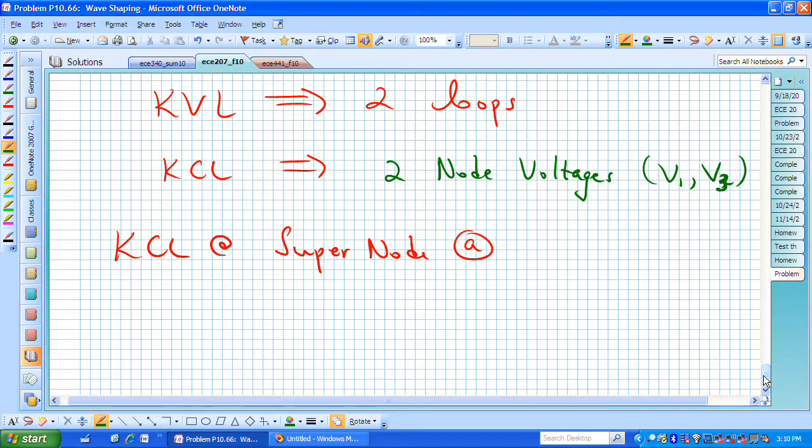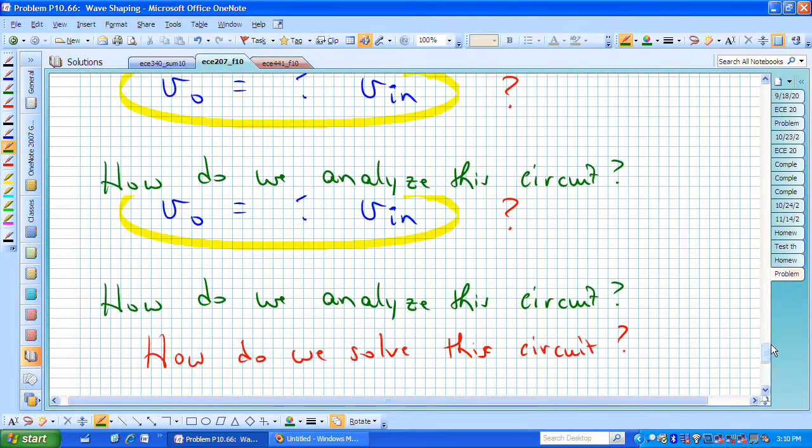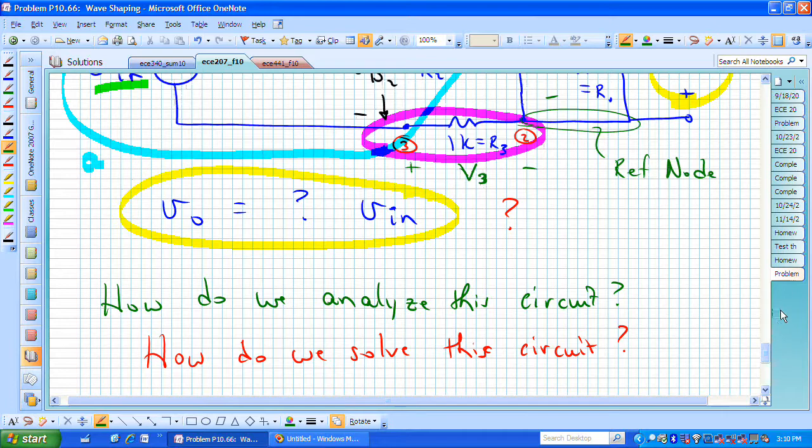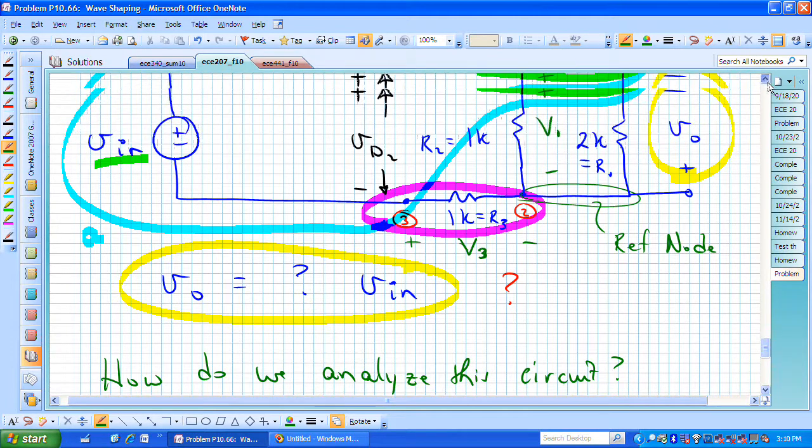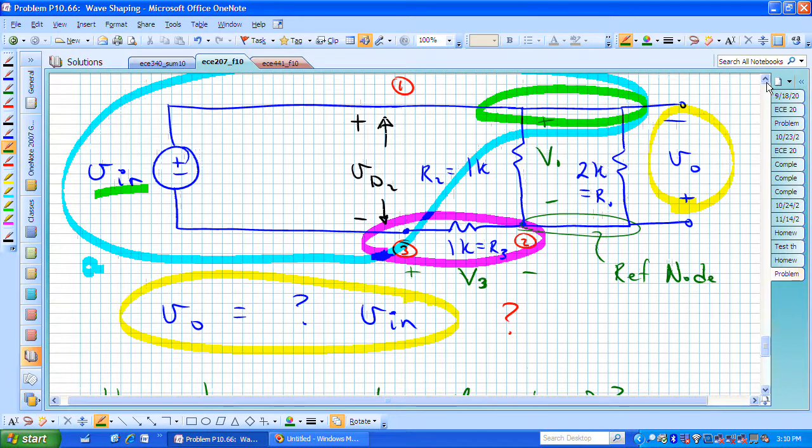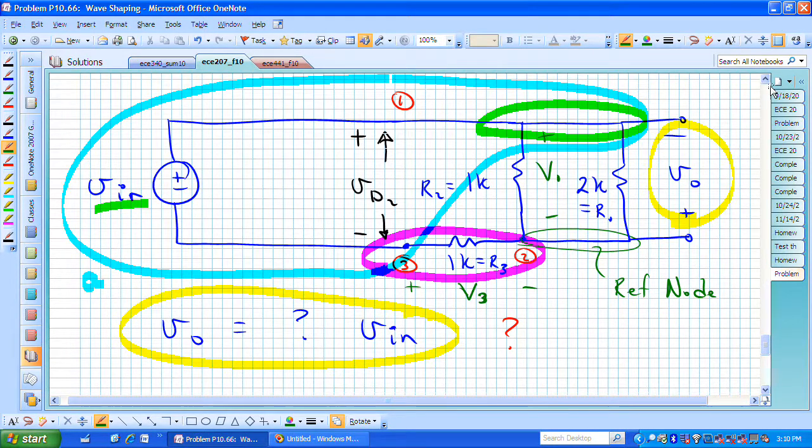If we now do the KCL at node 3, we can, if we identify some currents flowing, let's say, out of that light blue highlighted supernode, we have I sub 3, we have, let me say I called that I sub 2, and let's call this one I sub 1.